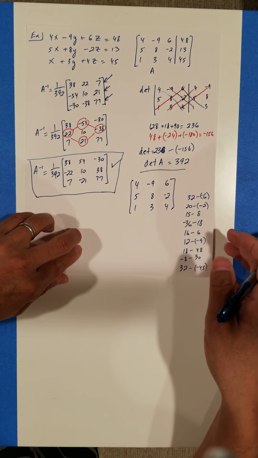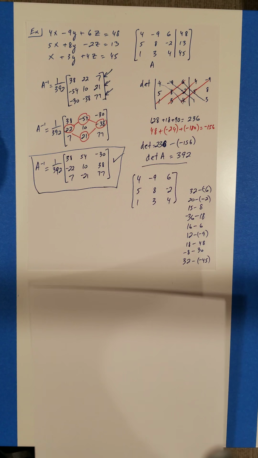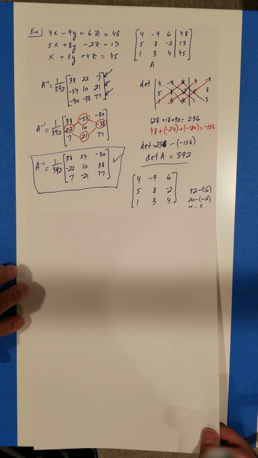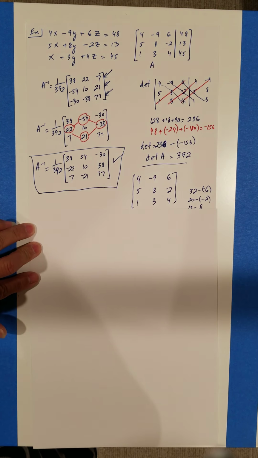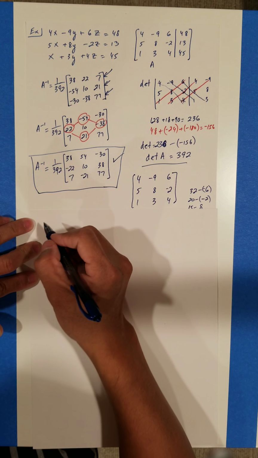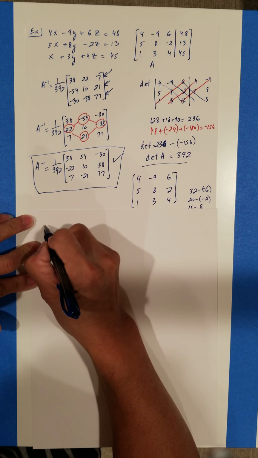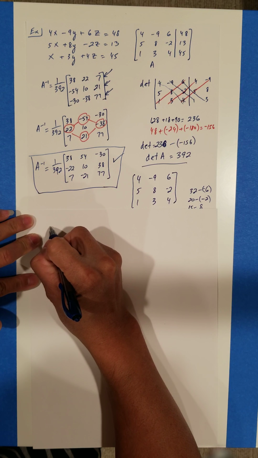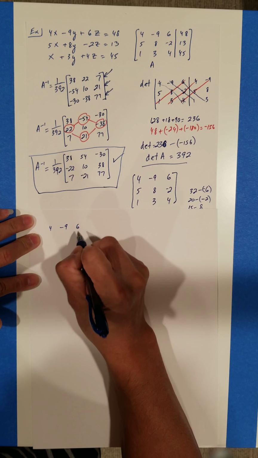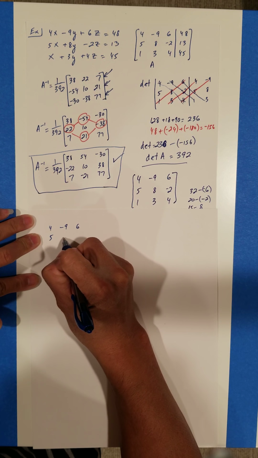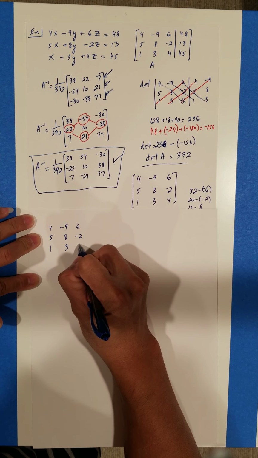So now I'm going to show you how to solve this equation using this inverse. If you remember this matrix up there, the original problem was 4, negative 9, 6, 5, 8, negative 2, 1, 3, 4.